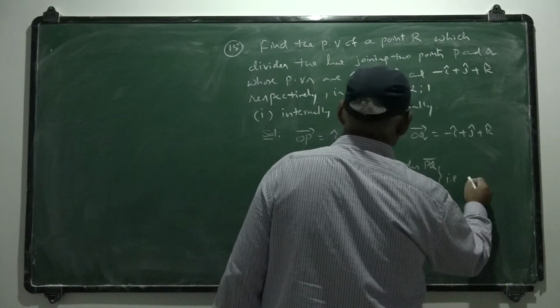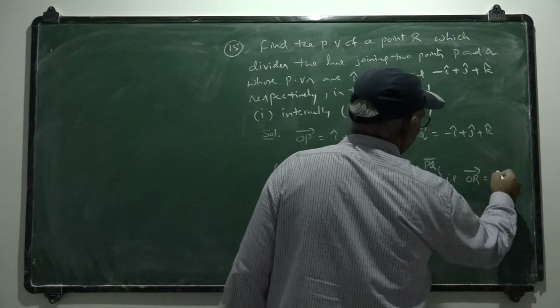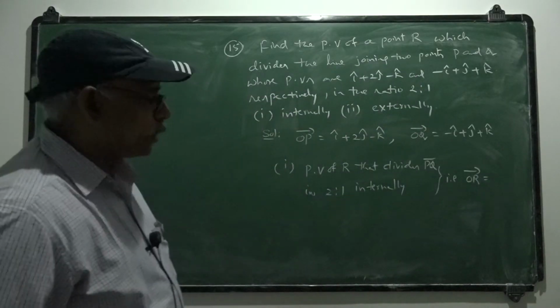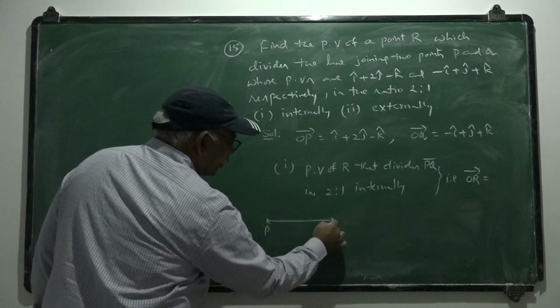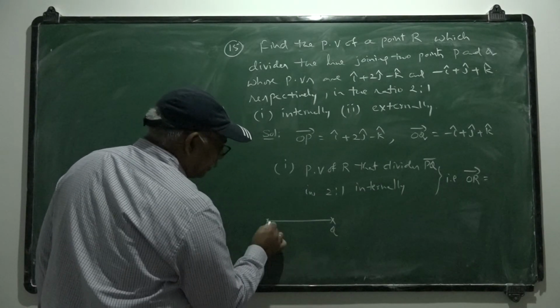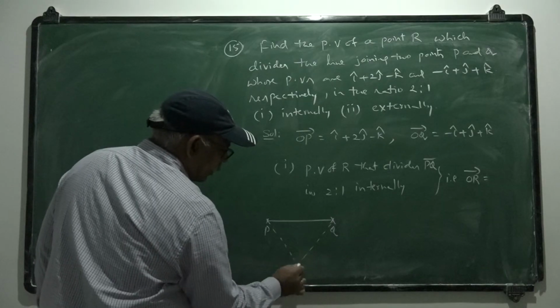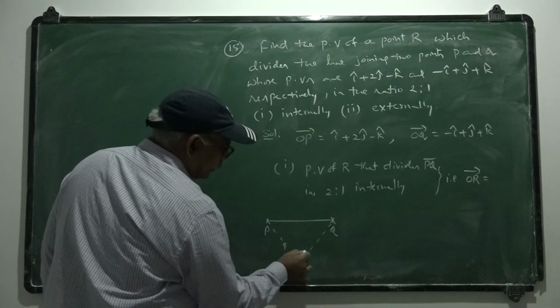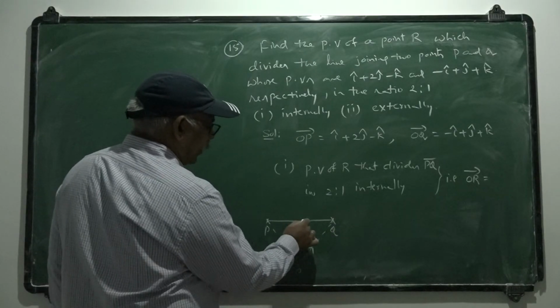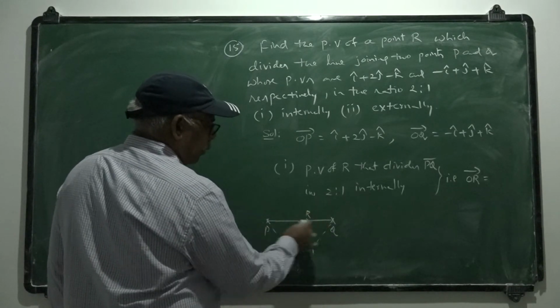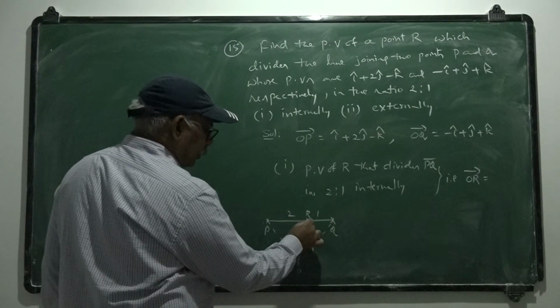That is OR bar, the internal division point. OP bar and OQ bar are the position vectors, and R divides PQ in the ratio 2:1.